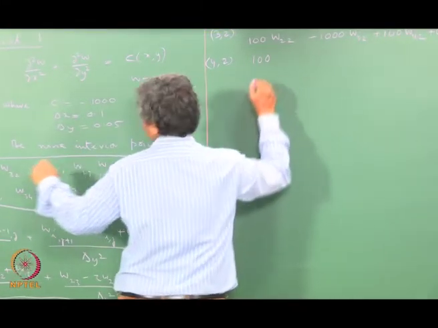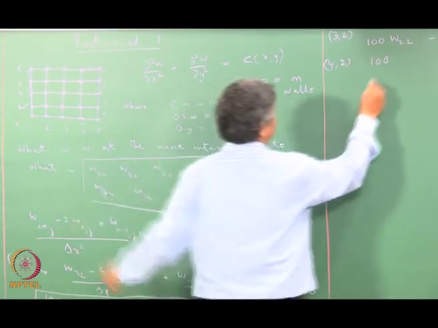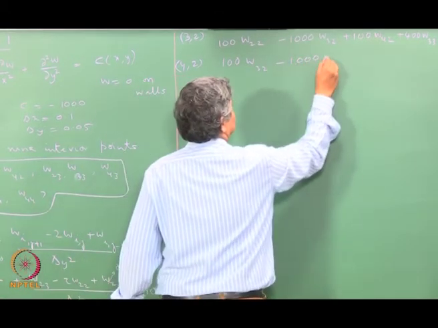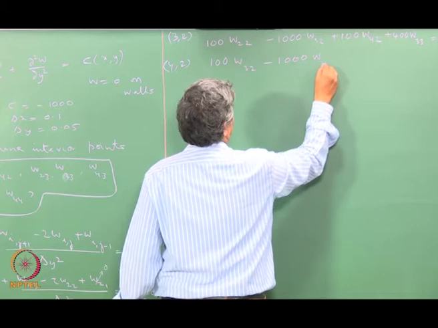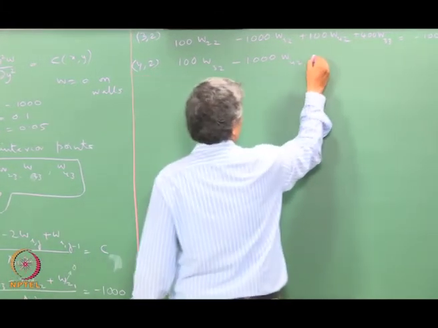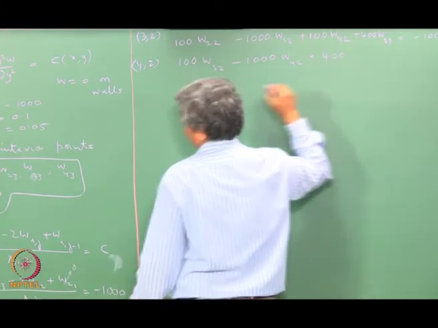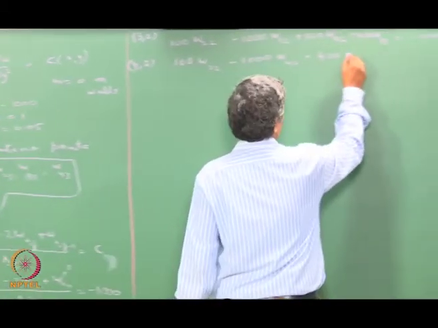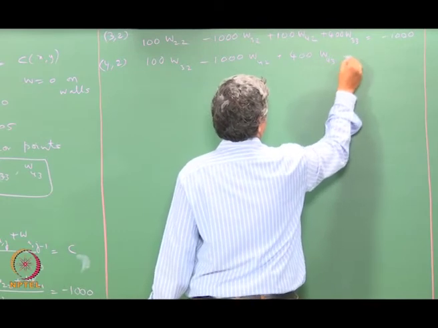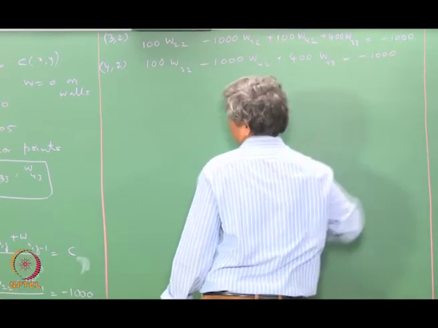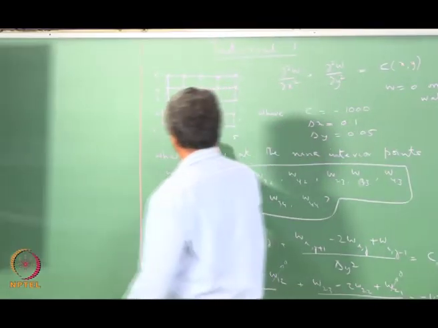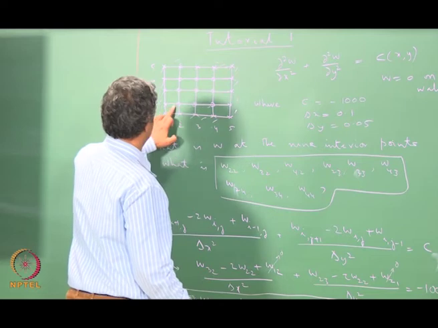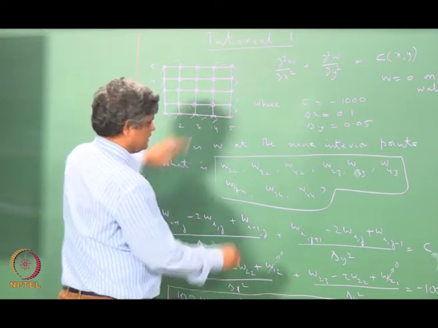So we will have 100 of 32 minus 1000 of 42 plus 400 of 43 equal to this. So, we have done this, this is over. So, let me tick them here.